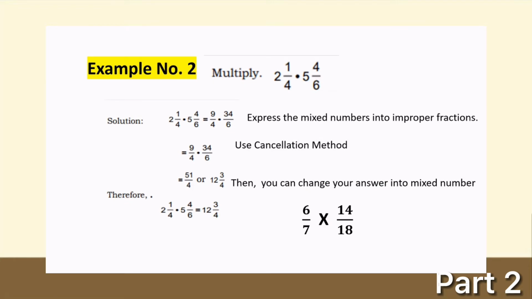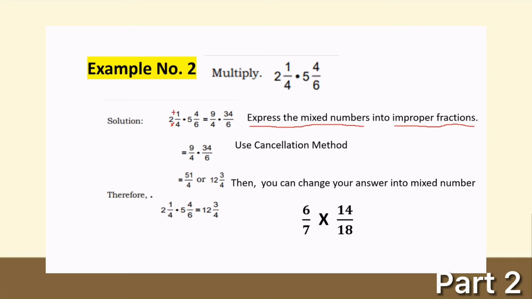So, multiply 2 and 1/4 times 5 and 4 over 6. So, as you can see, the given are mixed number. So, the first thing to do is to express the mixed number into improper fraction. So, how are we going to change the mixed number into improper fraction? So, all you have to do is to multiply the denominator by the whole number, then add it to the numerator.